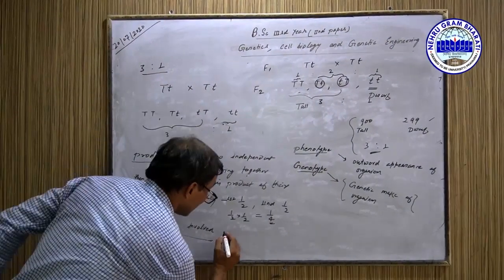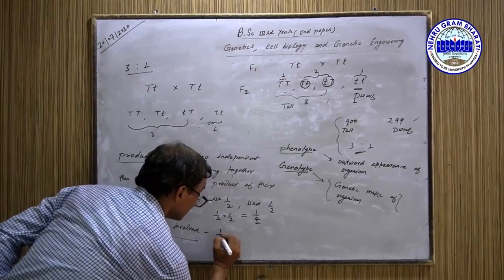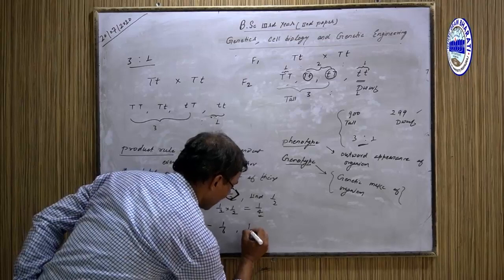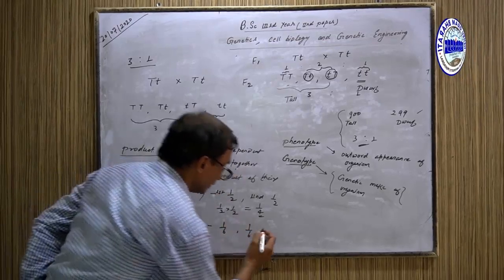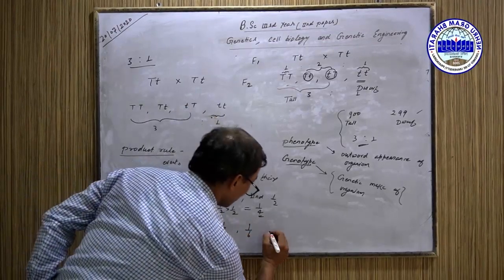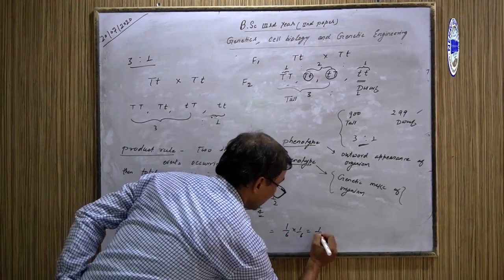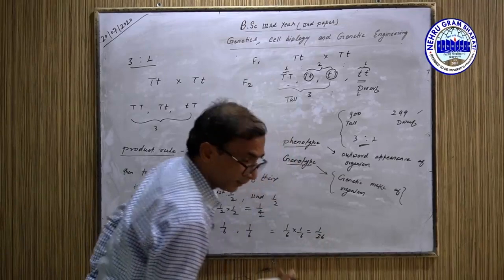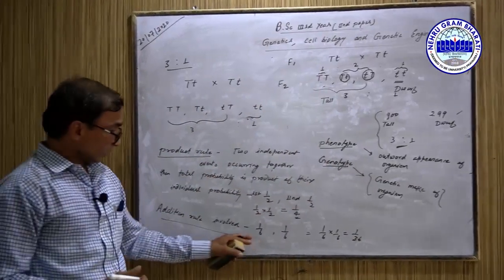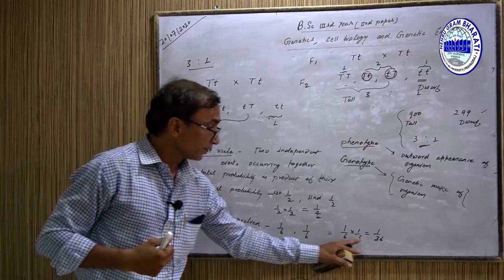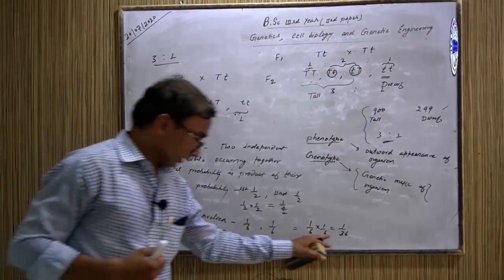The probability of getting 6 is 1 by 6, and the probability of getting 6 in the other dice is 1 by 6. So the product rule applies, and 1 by 6 into 1 by 6 is equal to 1 by 36. So you have thrown 2 dice and the total probability following the product rule is 1 by 36.